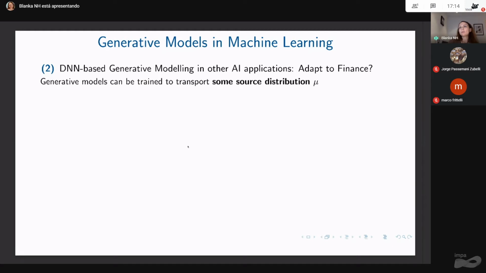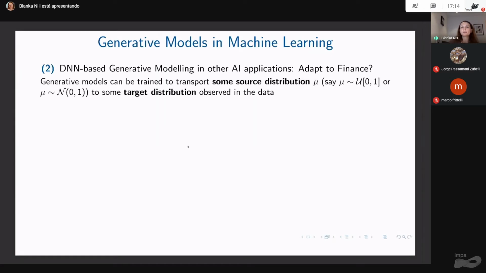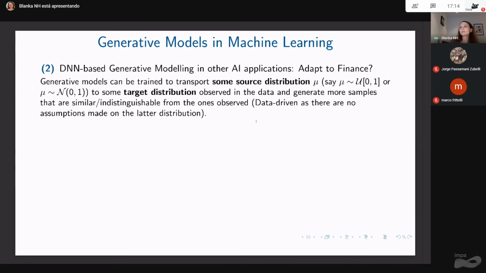And here the mapping should be from one source distribution that we would like to map to a target distribution. And the target distribution is something that we observe in the data empirically. And what we learn is, in fact, this mapping from the original source distribution to the target distribution.